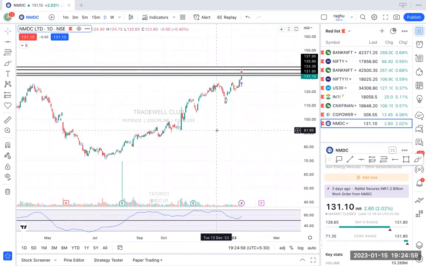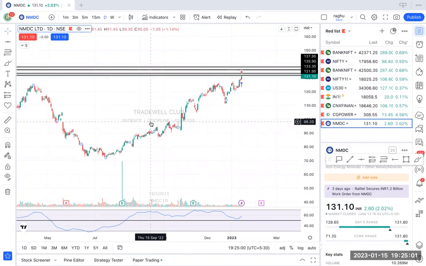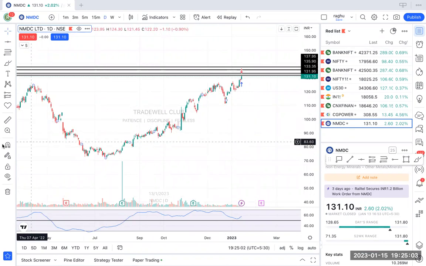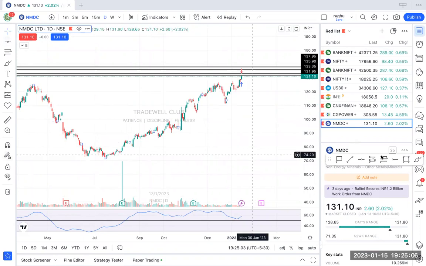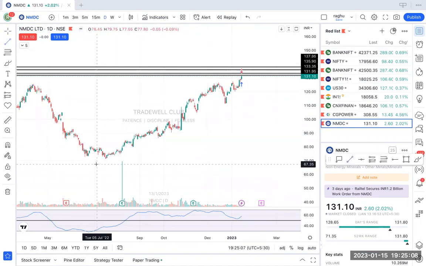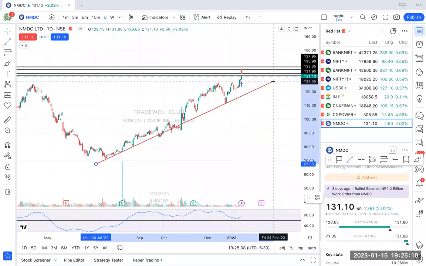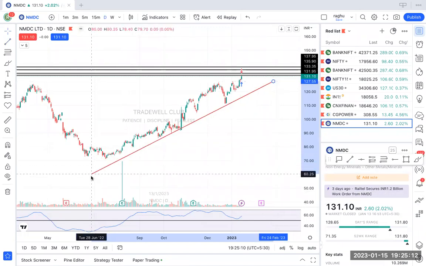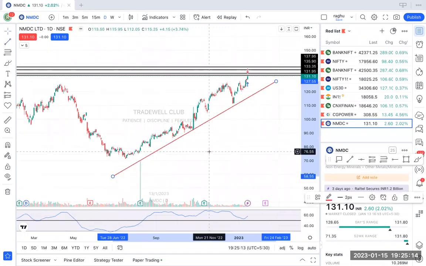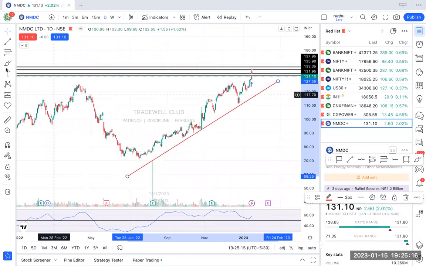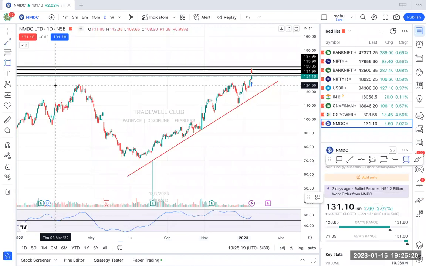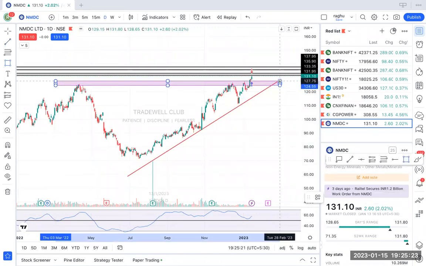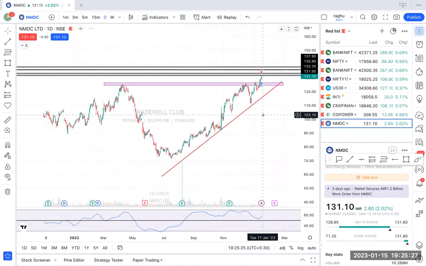Okay, this is the NMDC chart, which is on a 1 day time frame. Let me see what exactly is happening with the trend. Trend is up. The market is taking support, and the supply zone is here, and it has already given a breakout. Above are the targets.